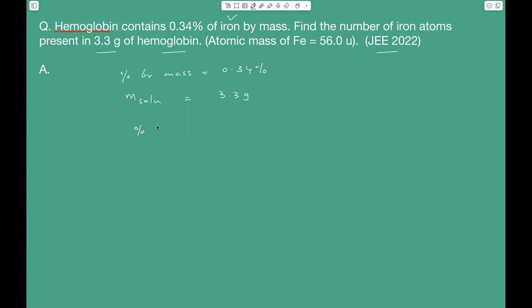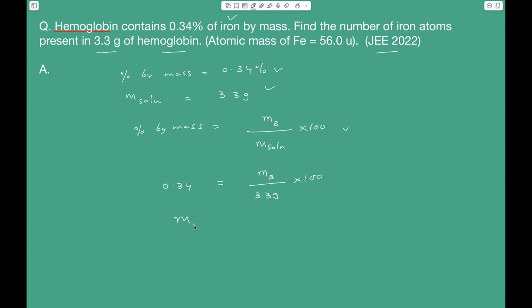We know the expression for percentage by mass. It is equal to the mass of the solute, in this case the solute is iron, over the mass of the solution multiplied with 100. Substitute these values in this expression. Percentage by mass is 0.34, that is equal to mass of iron, that is the mass of solute, over mass of the solution, which is 3.3 grams, multiplied with 100.